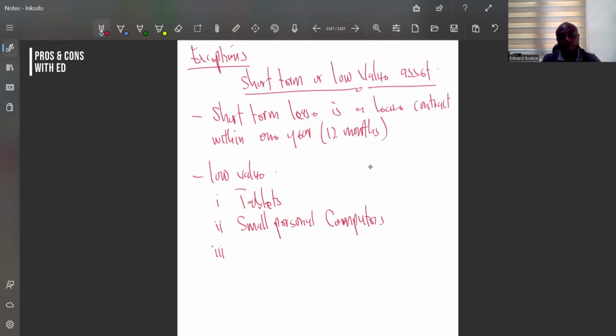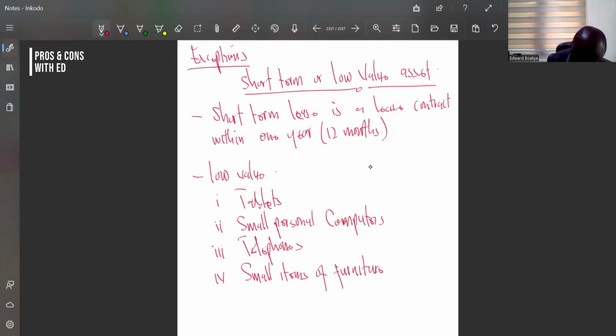Three is telephones. Four is small items of furniture. These are the items under a low value lease contract. So these are exceptions.